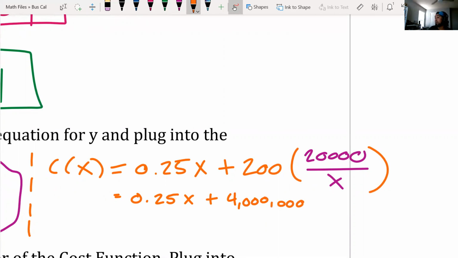And what I'm going to do already is take that X and flip it to the numerator, making it 4,000,000 X to the negative 1. And now this cost function is all in terms of X. Come on, there we go. I guess I could have written that bigger because now we're done with this step.